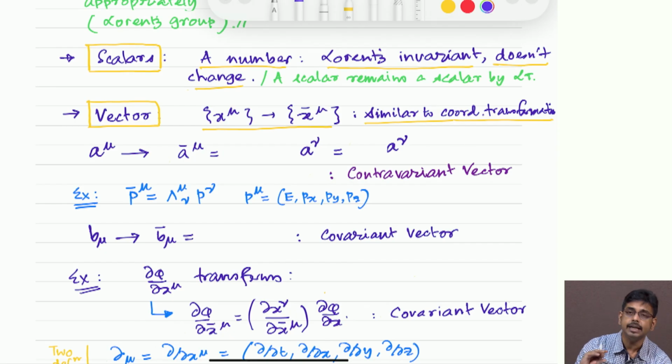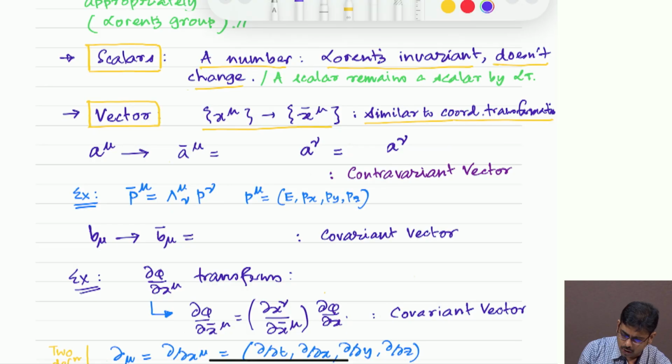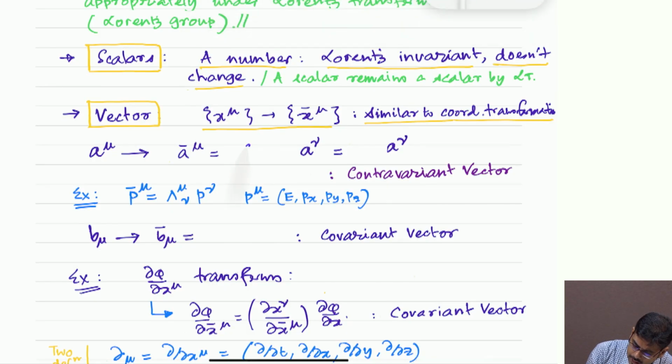Now, how do I write this in terms of the coordinate transformation? Remember, this a bar mu is a vector defined in the S bar frame, defined by x bar mu coordinates. So, then I can write this as del x bar mu by del x nu into a nu.